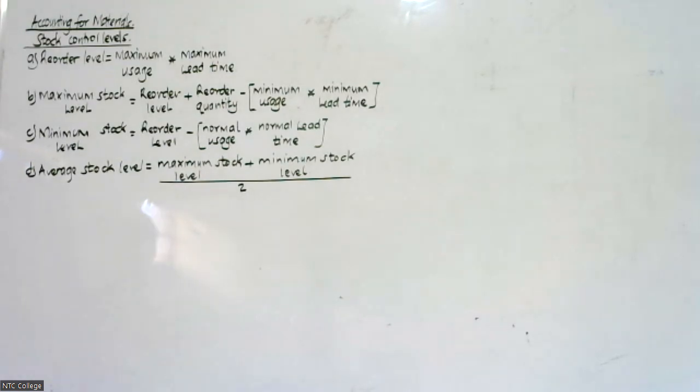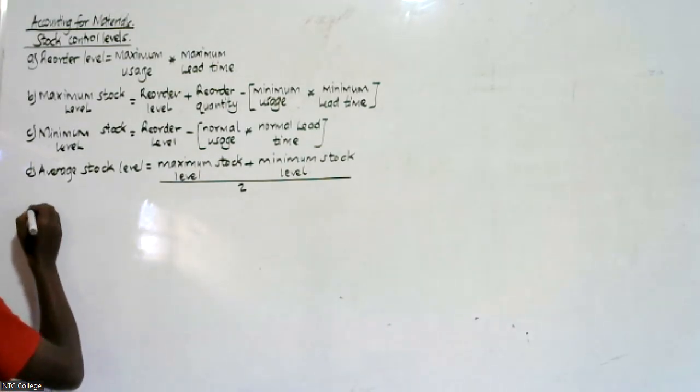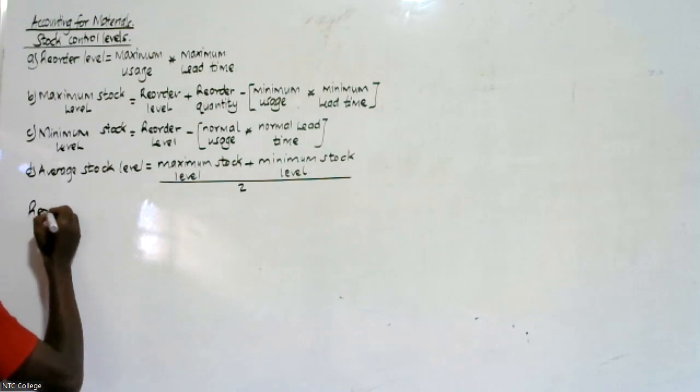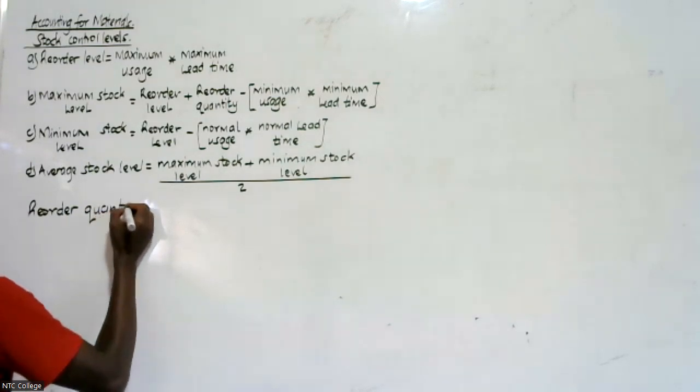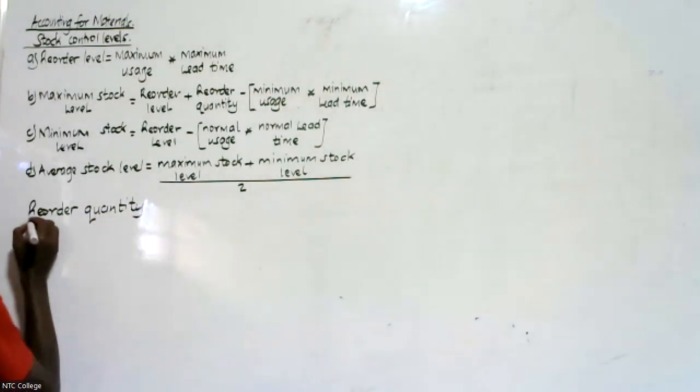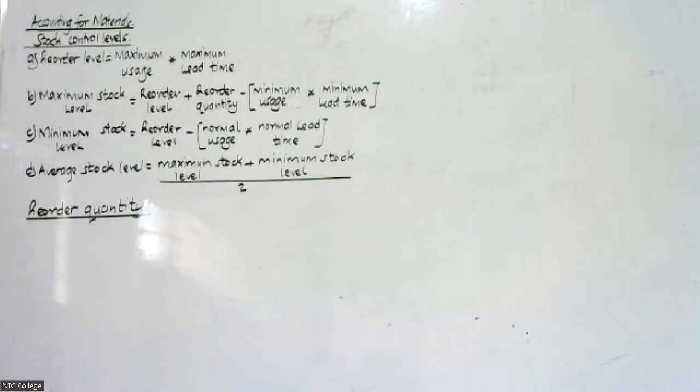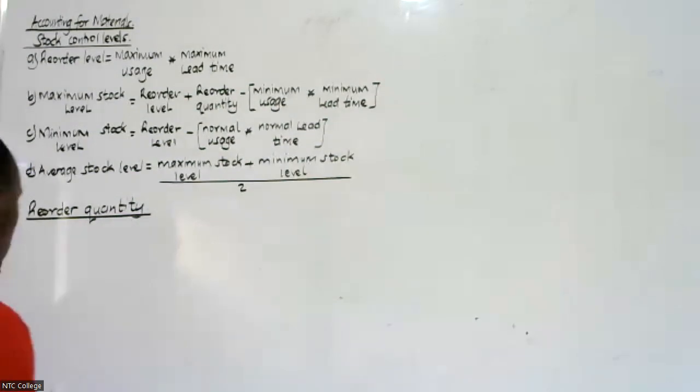So let's talk about reorder quantity. Reorder quantity here represents the quantity to buy to minimize cost associated with inventory.